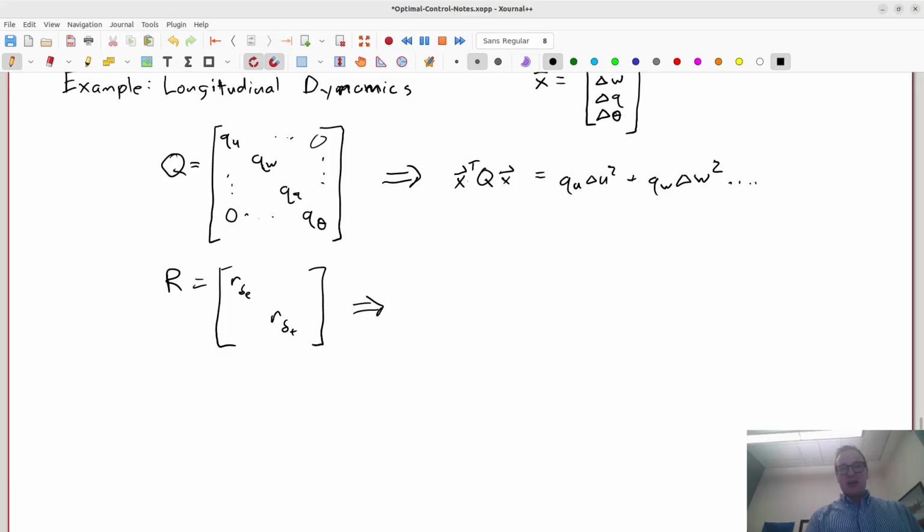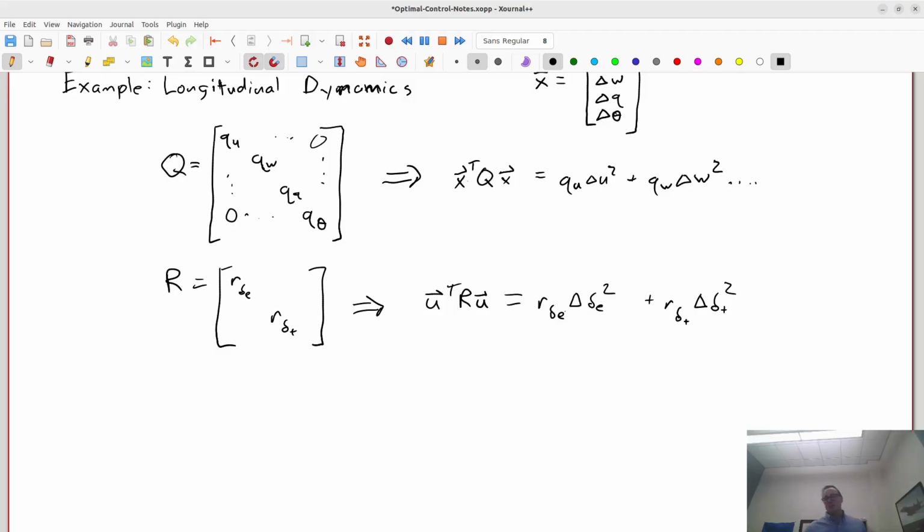And so that would mean that u transpose Ru would be equal to R delta E times delta E squared plus R delta T times delta T squared. Okay, so what does this mean?